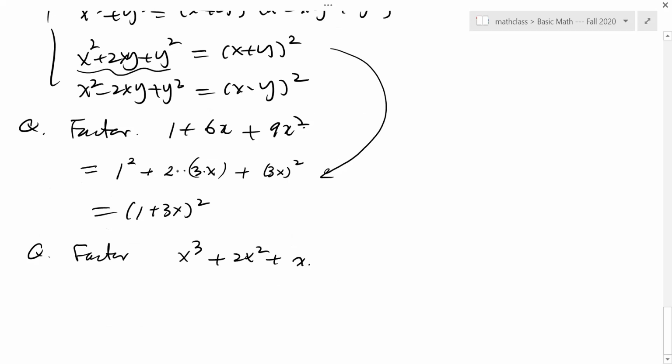That's why it's 2 times 1 times 3x, again 3x squared. That's why you get 1 plus 3x squared. So how about this one? x cubed plus 2x squared plus x. I think Alex can do that. Alex, right?